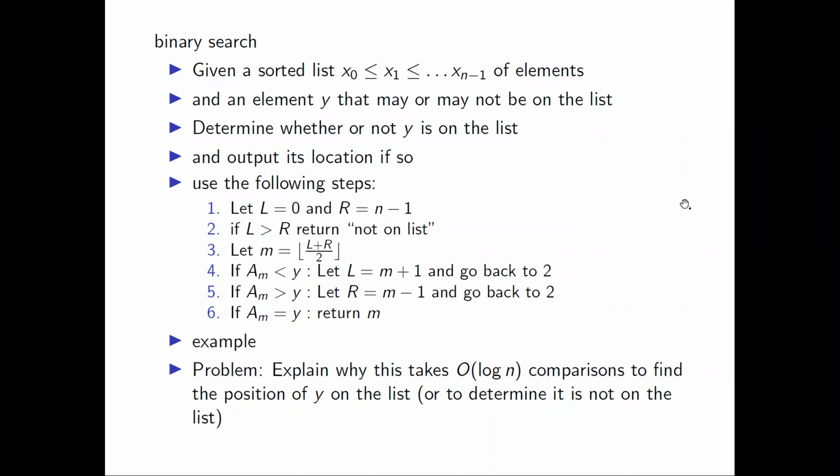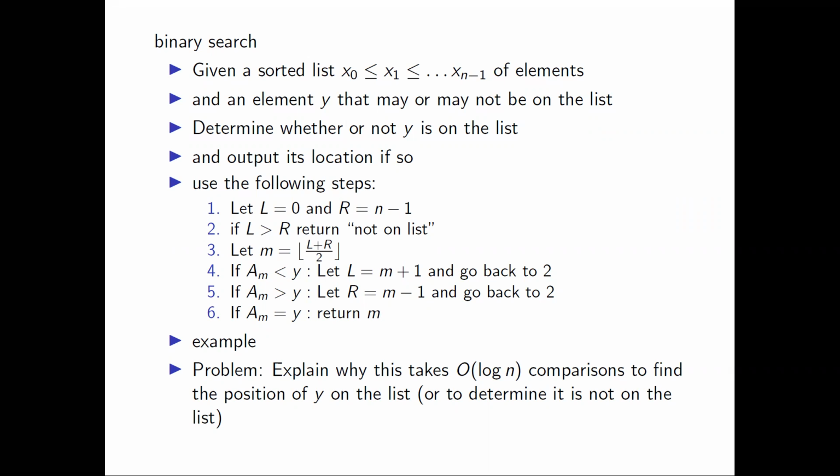So regardless of whether or not y is on the list, prove that there exists some constant c such that the number of comparisons has an upper bound of c log n for all n.